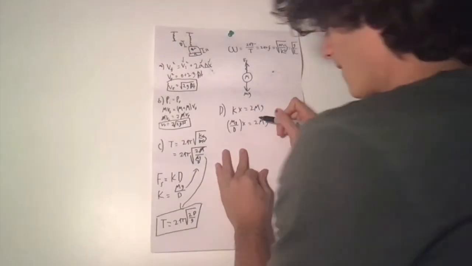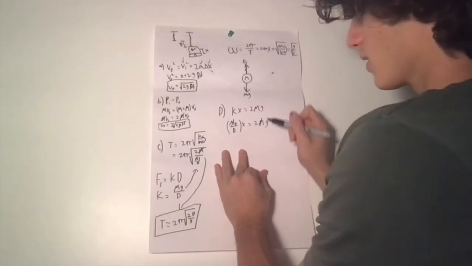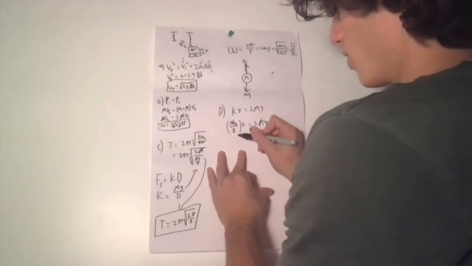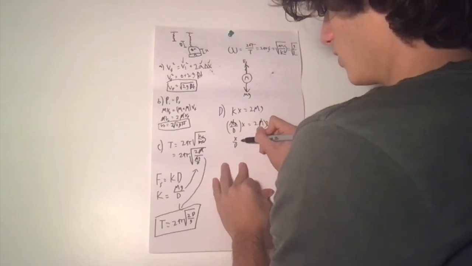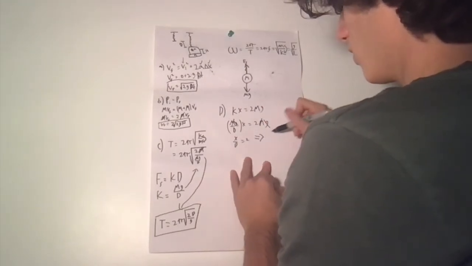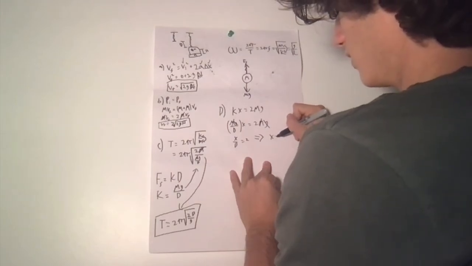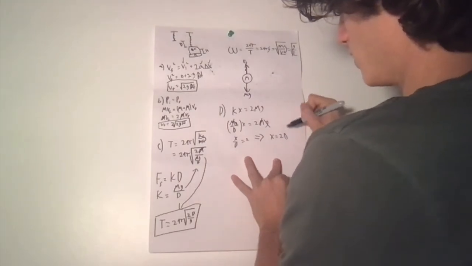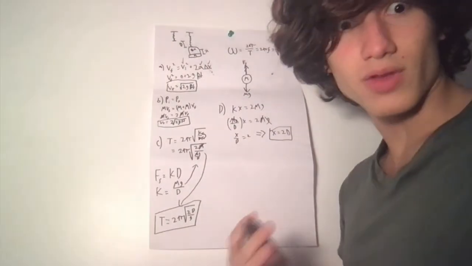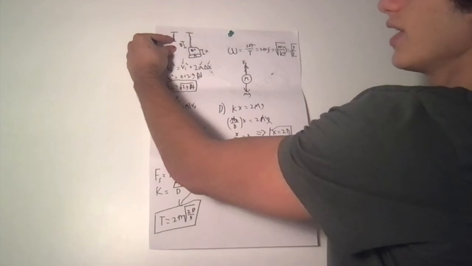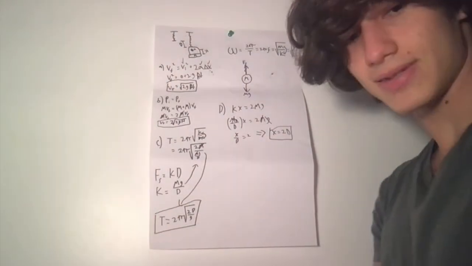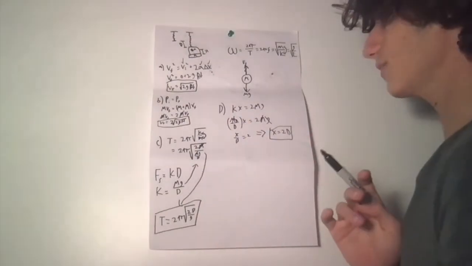Oh, but look at this. The m's cancel out. The g will cancel out. And we're left with x over d is equal to 2. Therefore, x is equal to 2d. That is where the velocity will be maximum, at 2 times the original displacement. That makes a lot of sense, right? Because we have double the mass. So we could have even skipped all of this.